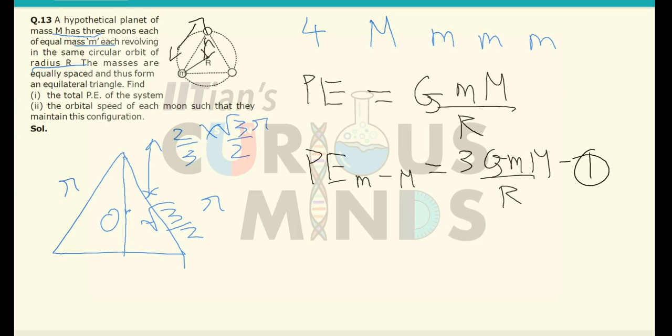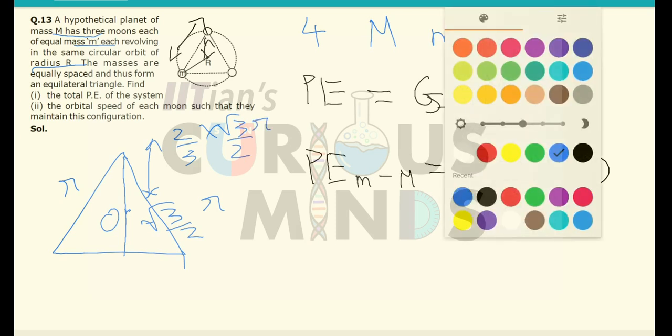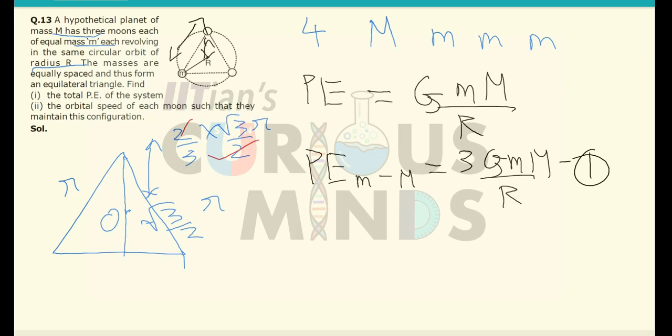So the 2s cancel out, and capital R is equal to r divided by root 3, or r will be equal to root 3 R.